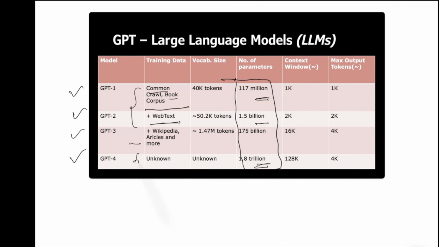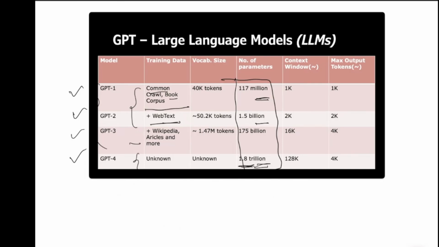For GPT-4, we do not know what the training data set is, but it's much, much larger than all the other GPT versions. Therefore, it required trillions of parameters to hold all that information. So as more data became available on the internet, models have been utilizing all of it to get better and better over time.